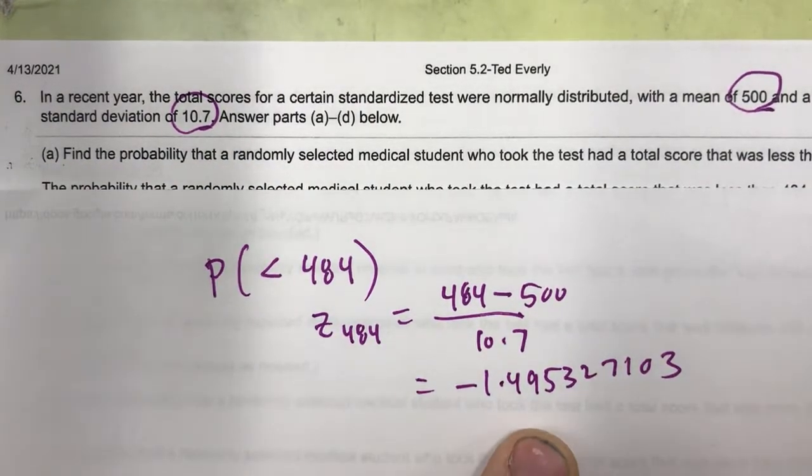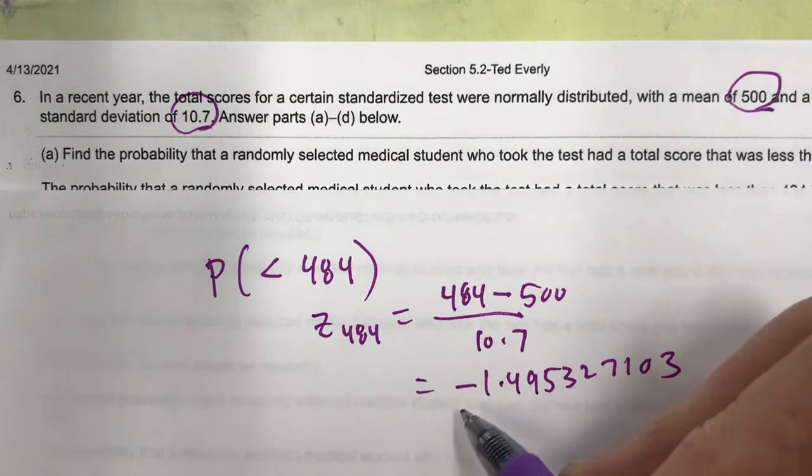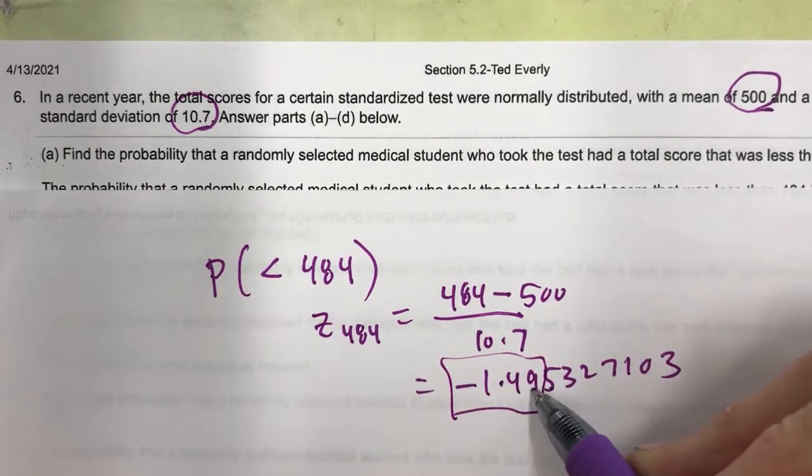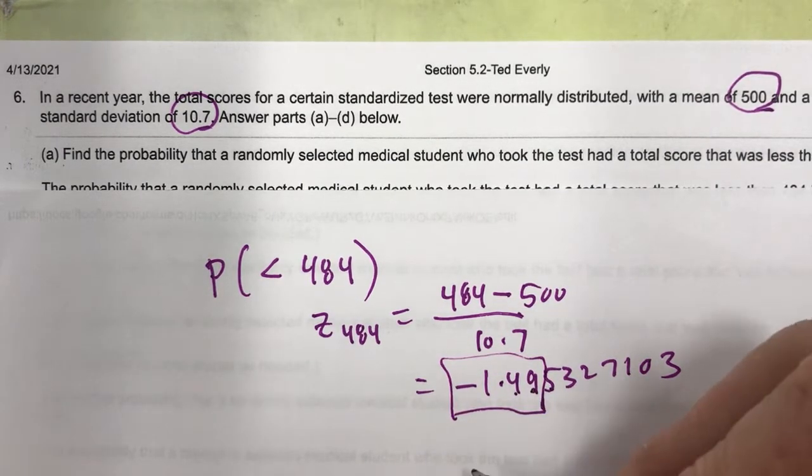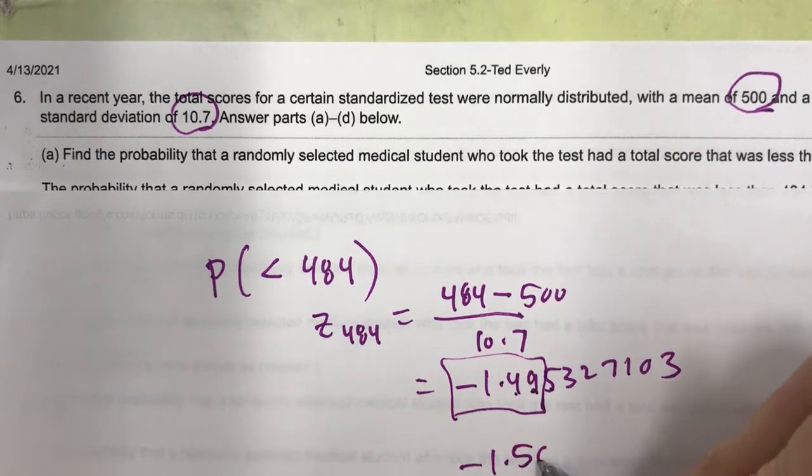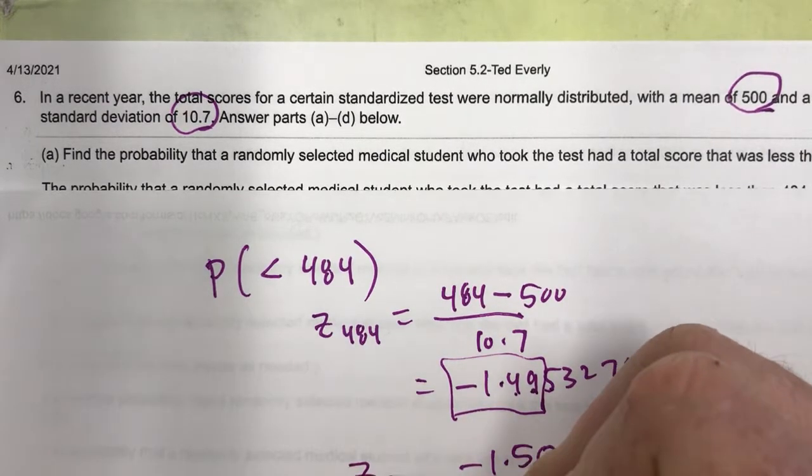Okay, but we're going to round this off because our table, we just have 2 values, so this is all I can keep right here. But this 5 makes that 9 go up to 10, which makes the 4 go up to 5. So there's my z-score, 484.